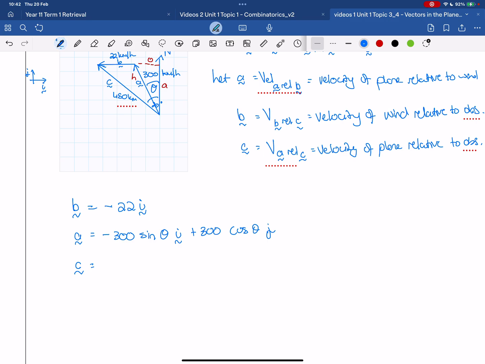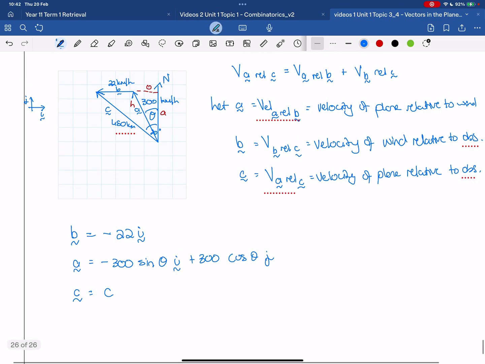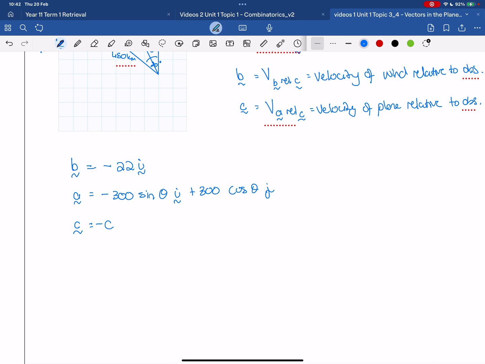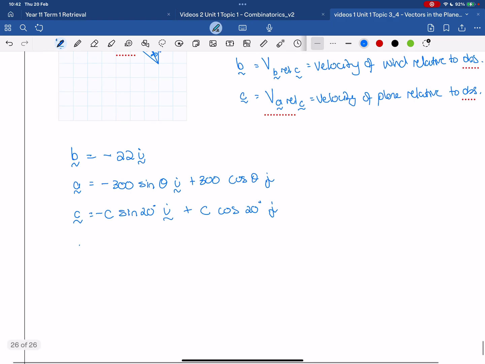I don't know how fast it's going, so we'll just call it C. And again, I've got a sine ratio, and it's a negative C sine of 20 degrees i plus C cos of 20 degrees j. Okay, and I know that C has to equal A plus B.